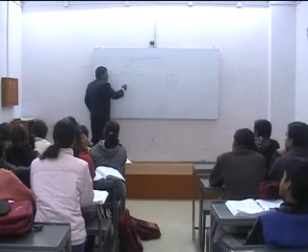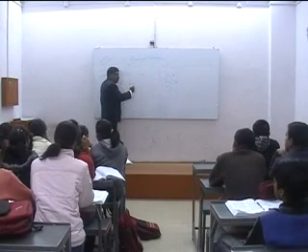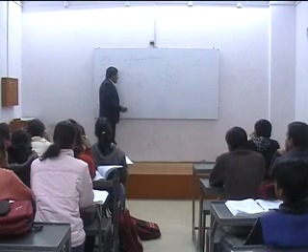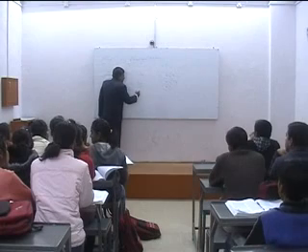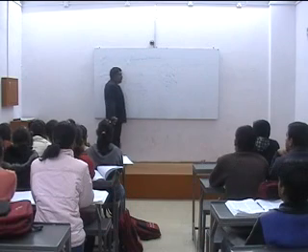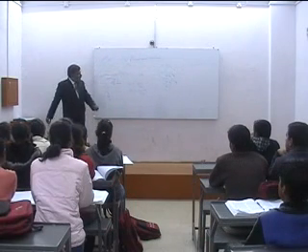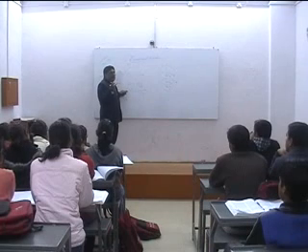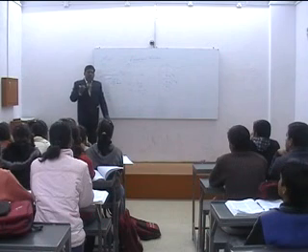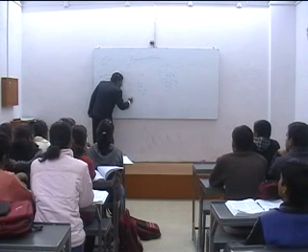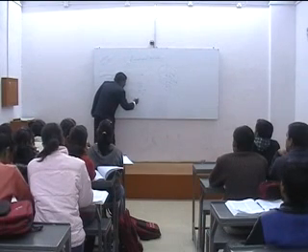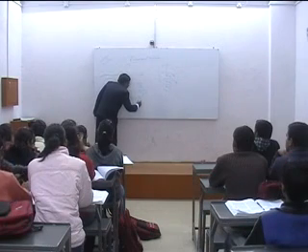So average angular speed means omega is equal to delta omega by delta t. That is, we can write omega 2 minus omega 1 by t. This is the average angular speed. Next is instantaneous angular speed, denoted as omega equal to d omega by dt.